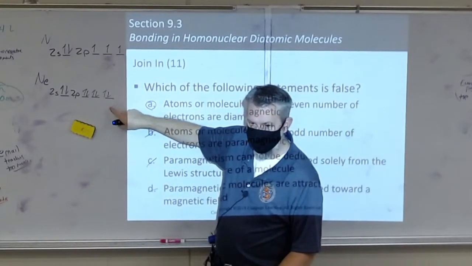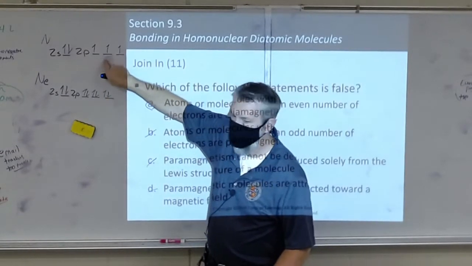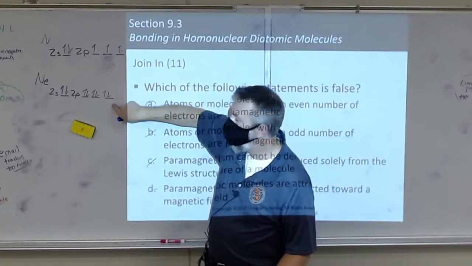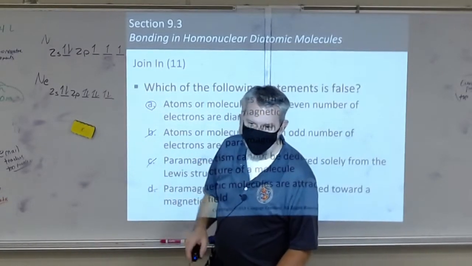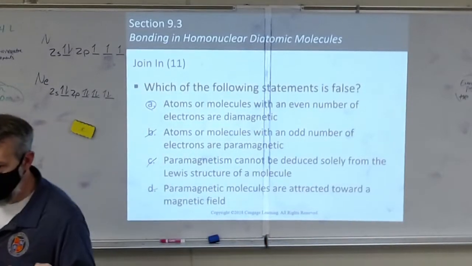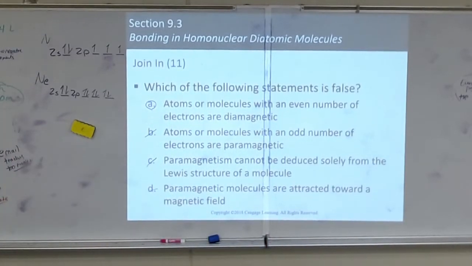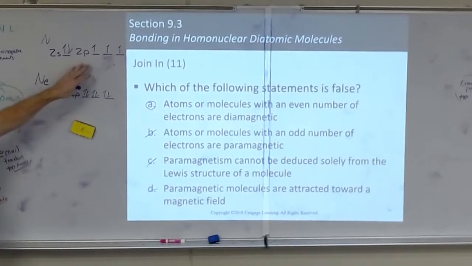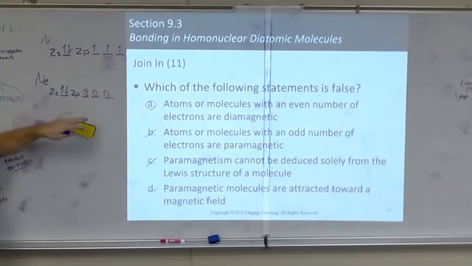If it's just up, then it's unpaired electrons, that's paramagnetic, not diamagnetic. And for molecules, you've got to do the molecular orbital diagram to determine that. Neon was diamagnetic and nitrogen was paramagnetic. Unpaired electrons, paramagnetic; paired electrons, diamagnetic.